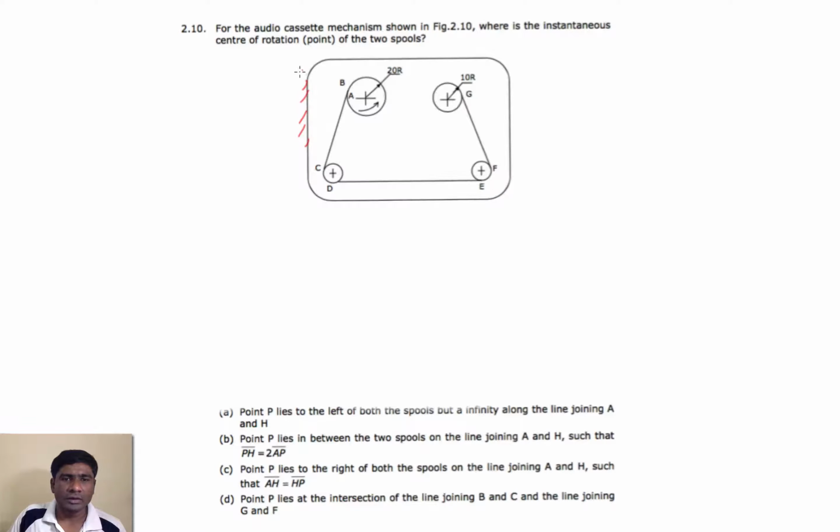So here I will take this cassette frame as link 1, which is the fixed one, and the bigger spool as 2, and the smaller spool as 3, because this bigger spool is rotating in this direction. That means the tape is releasing from this spool, and the tape is going in this direction, and finally in this, so that this is rotating in this direction.